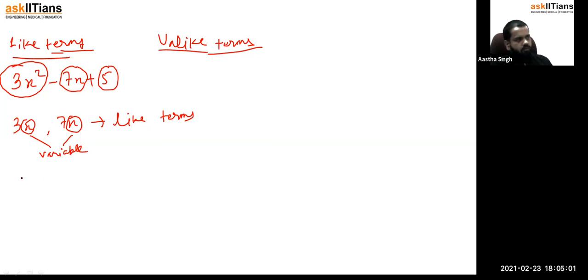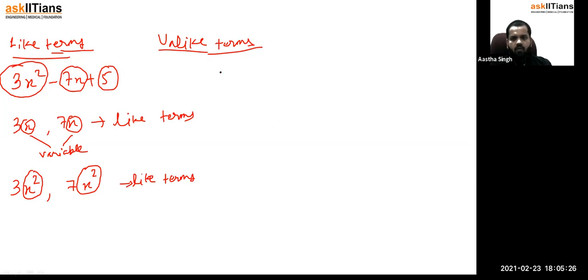We'll go for more examples. Suppose x square and 7x square: why are they like terms? Because x square is the variable in both.